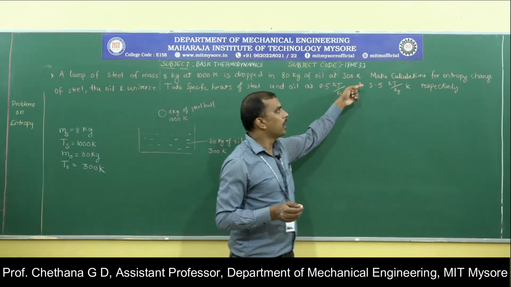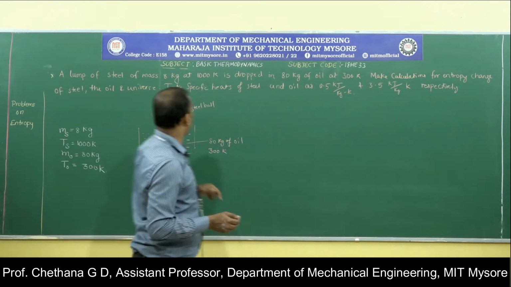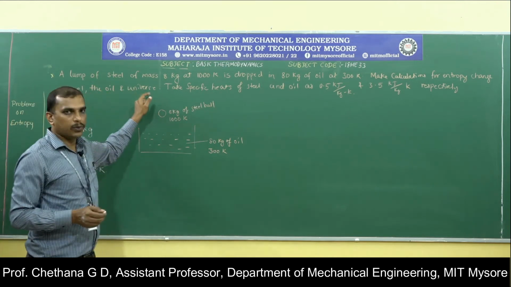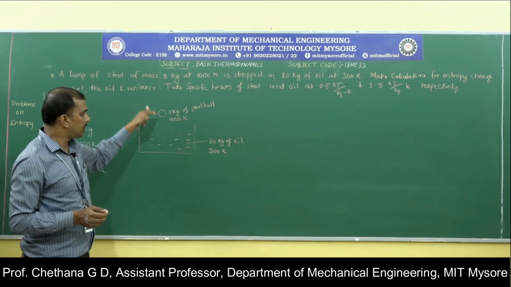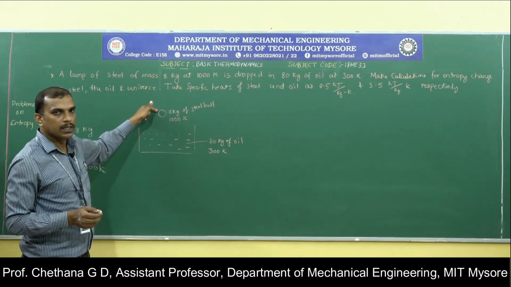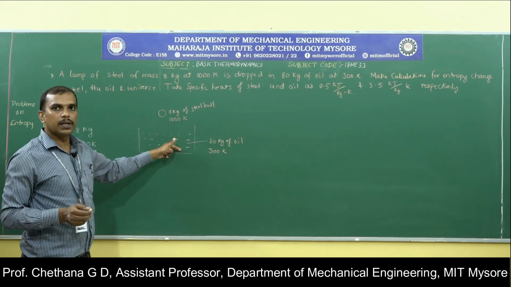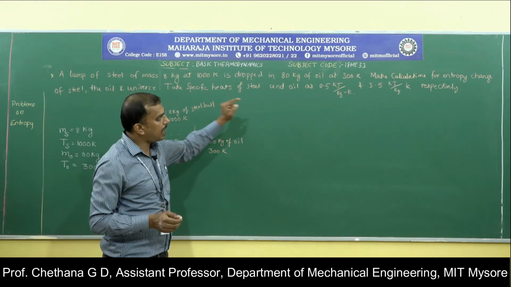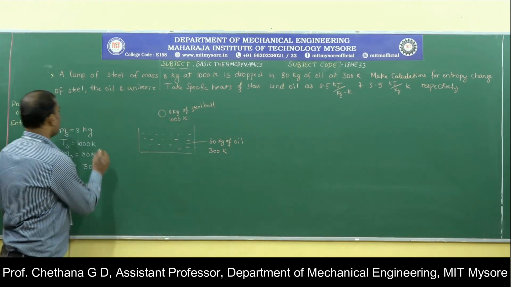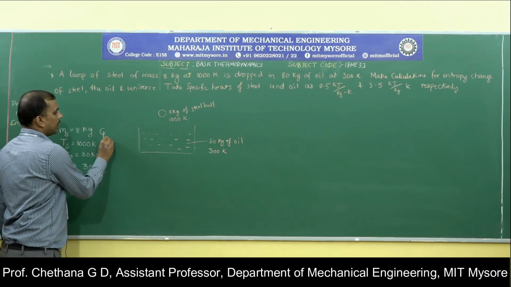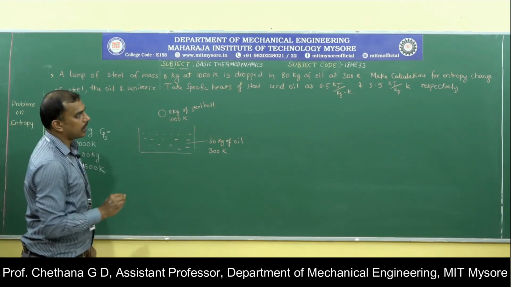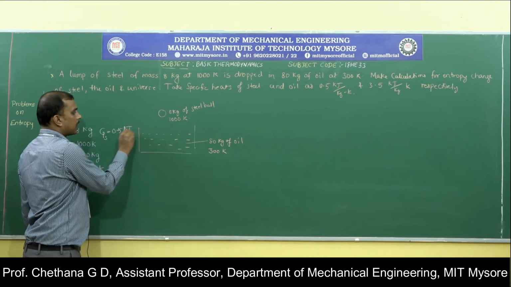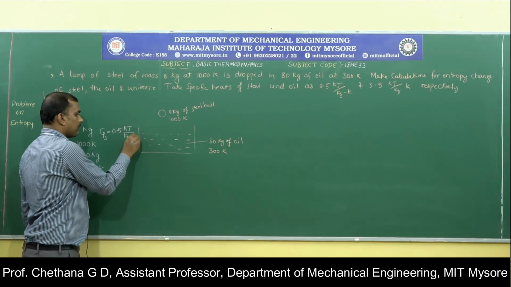However, let us make the calculation for entropy change of steel, the oil and universe. Universe is the summation of change in entropy of the steel ball plus change in entropy of oil. Take specific heat of steel and oil, which is given. So Cp of steel, let us denote it as Cp S, is 0.5 kilojoule per kg Kelvin.